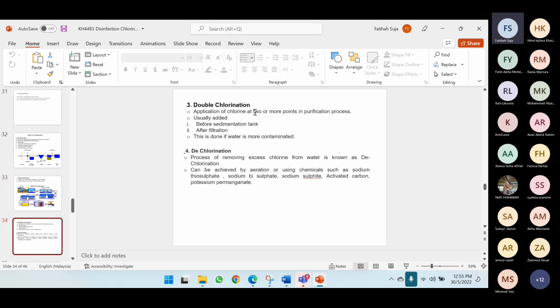Okay, you can also have double chlorination, application of chlorine at 2 or more points in the purification process, usually added before the sedimentation tank and after filtration. This is done if the water is more contaminated.